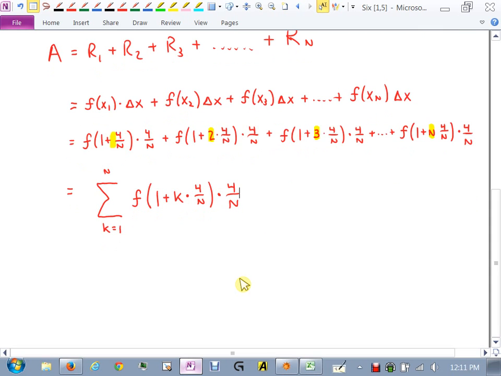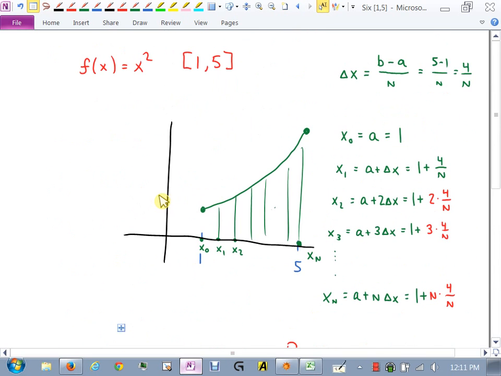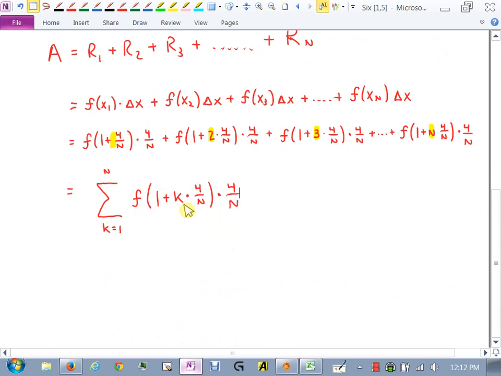Now, what does it mean to plug this into this function? So what happens when I plug 4 into this function? 4 squared is 16, right? What if I plug in t? It's t squared, right? What if I plug in t plus 1? It's t plus 1 squared. What if I plug in 1 plus k times 4 over n?